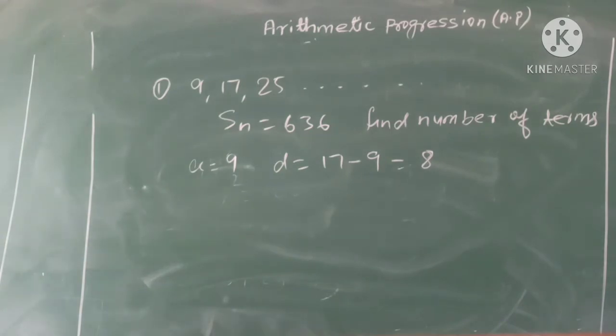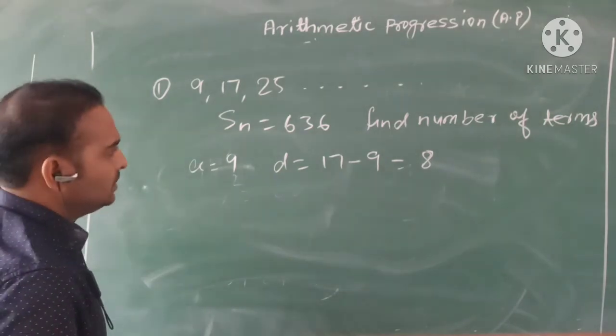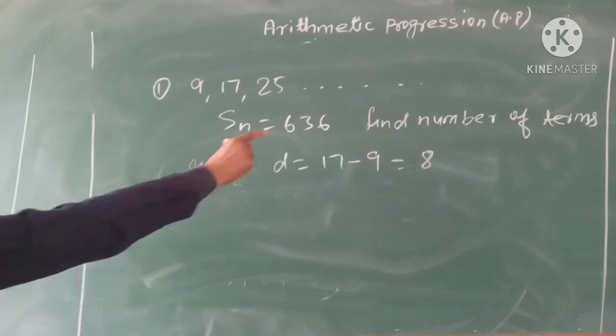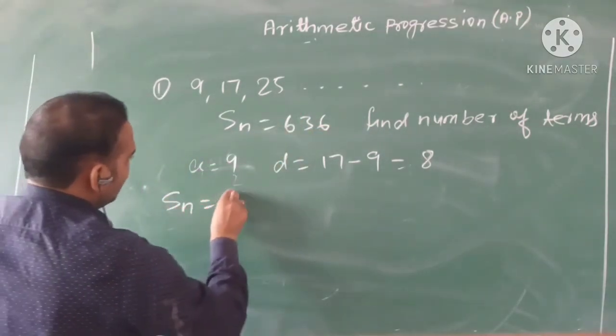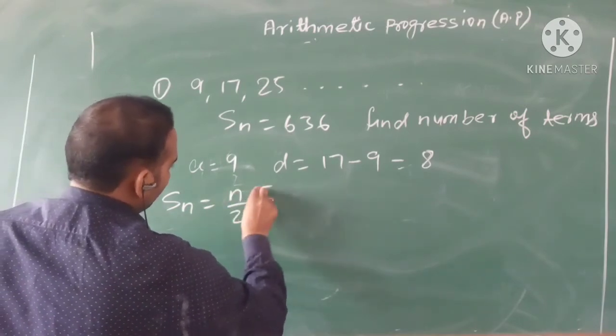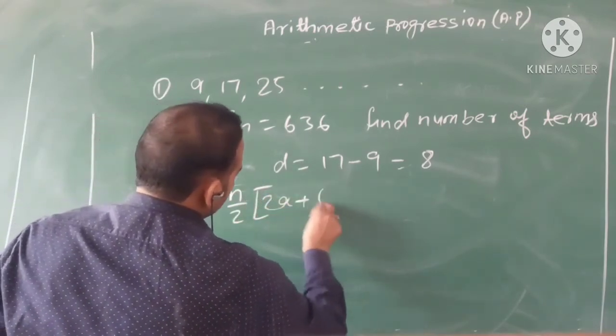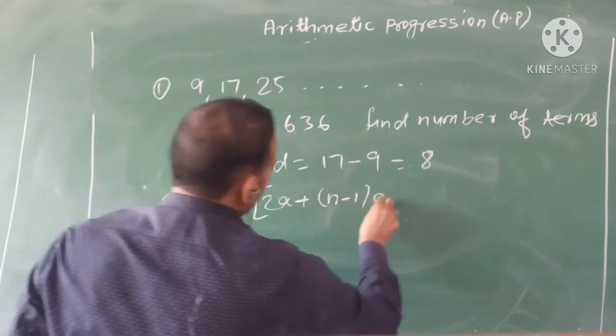Now I am going to find the number of terms. How do we find it? With the help of this given sum. Sn is equal to n by 2 times (2a plus (n minus 1) into d).